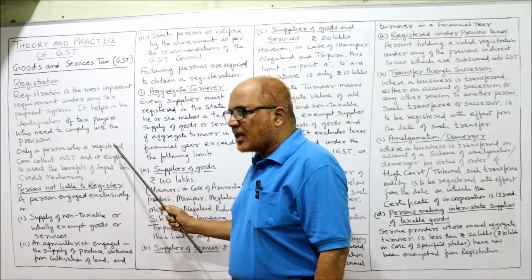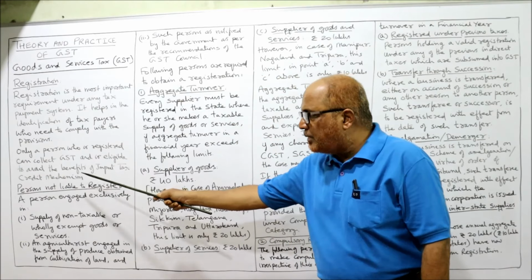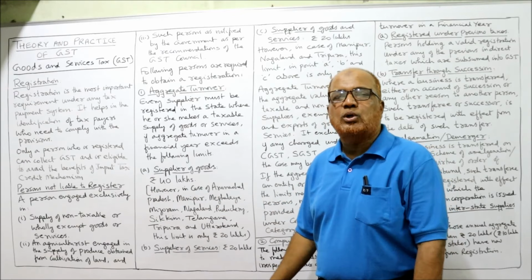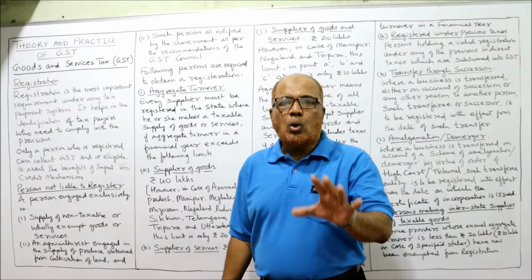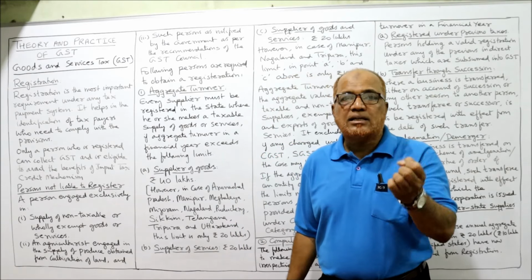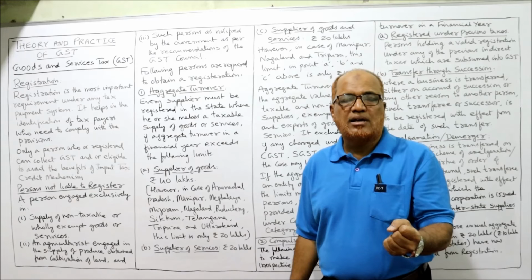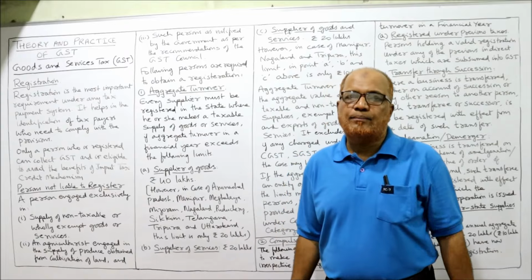Only a person who is registered can collect the GST and is eligible to avail the benefits of the input tax credit mechanism. So only registered businesses can collect the GST from the customers and are eligible to get ITC.